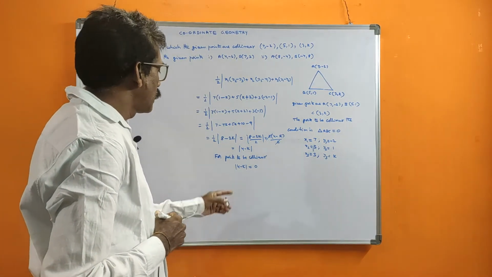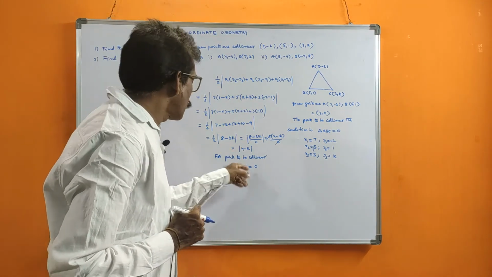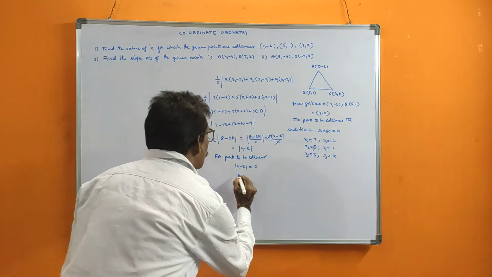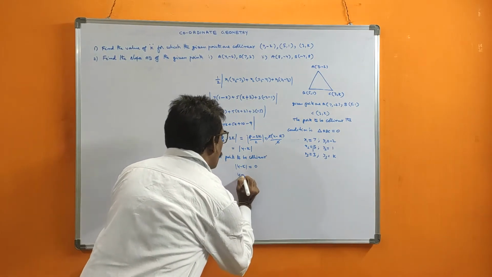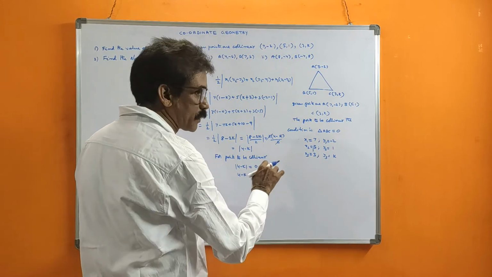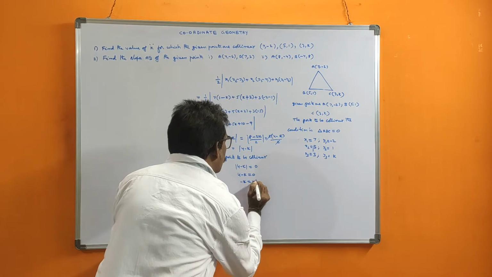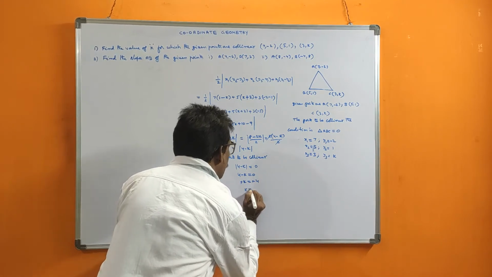Then only the area of the triangle is 0 and they are collinear. So what is the value of k? Here 4 minus k is equal to 0. For 0 there is no need for plus or minus. So minus k is equal to minus 4, therefore k is equal to 4.